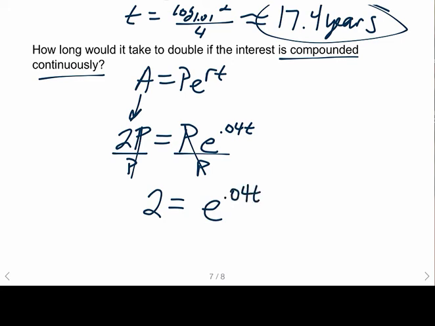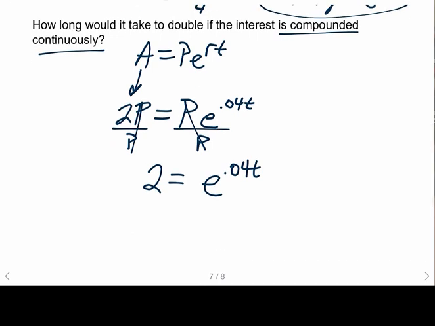This is looking a lot like before, except the base is e, which means we get to use the natural log. And so we get that the natural log, because the base is e, of 2 is equal to, remember, a logarithm is an exponent, so 0.04t.